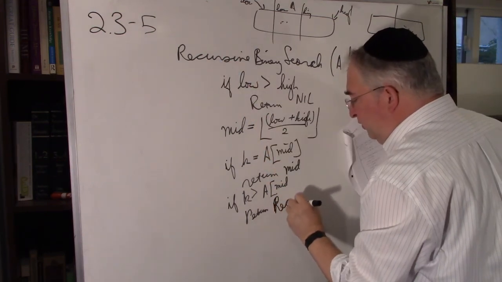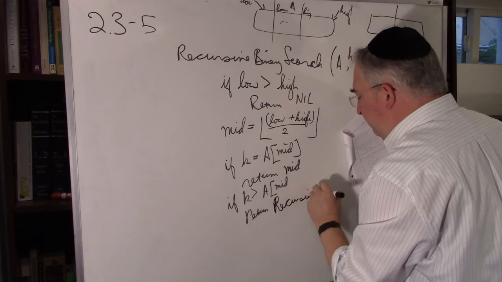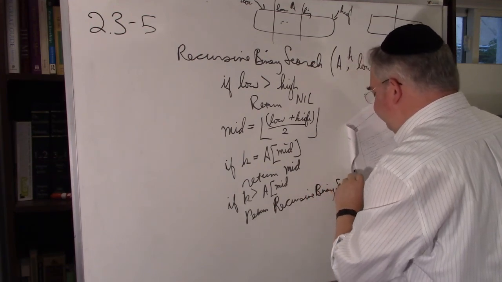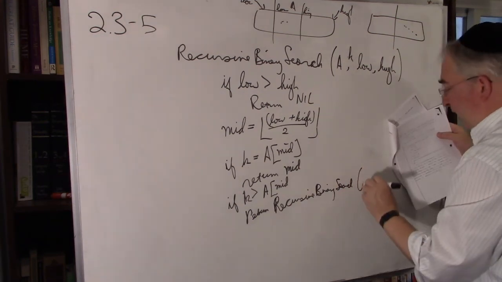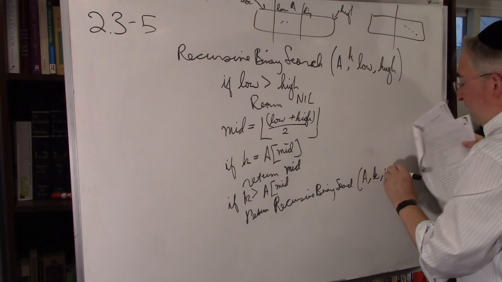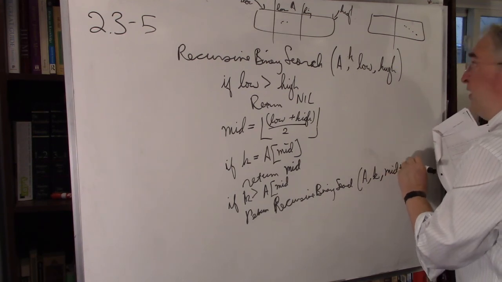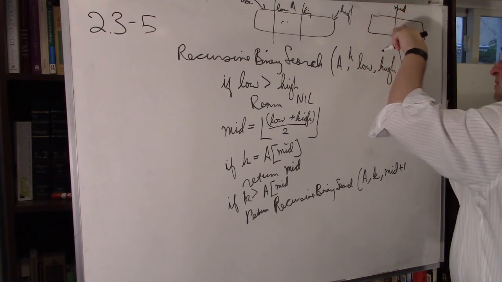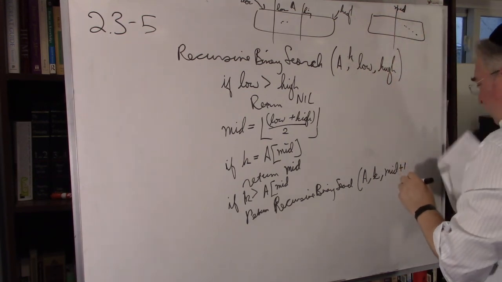It's a recursive algorithm: recursive binary search, A, comma, K, that's the key we're looking for, mid plus 1, all the way till high.